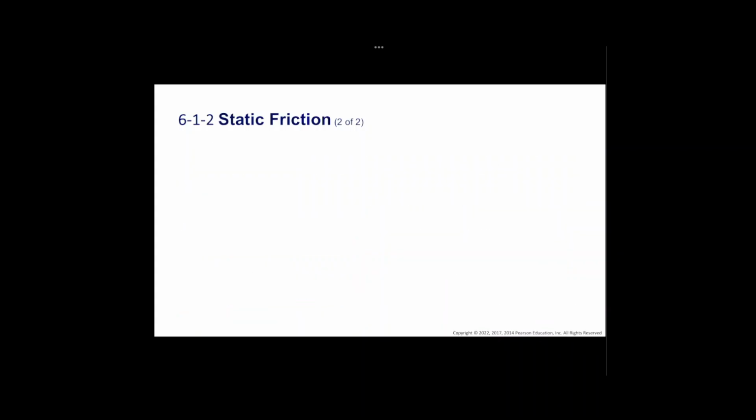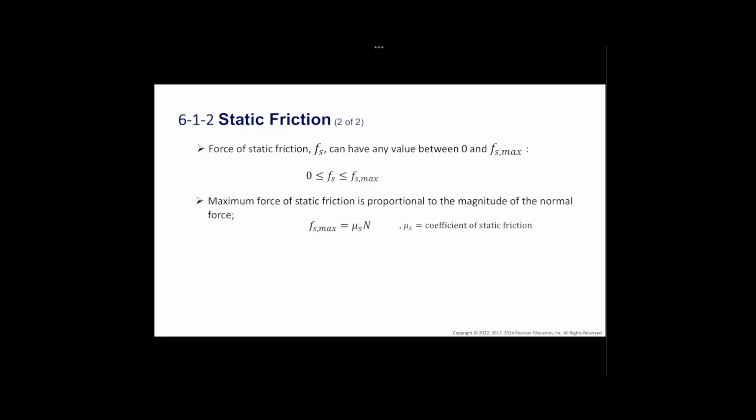The maximum force is proportional to the magnitude of the normal force, and the equation is Fs max equals mu s times N, where mu s is the coefficient of static friction. It is s, not k.